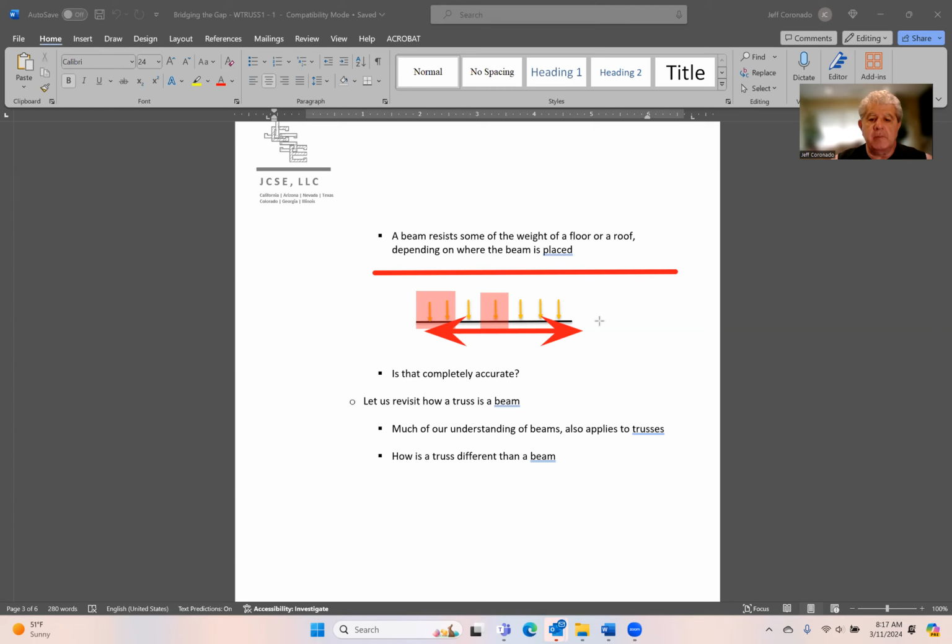That's the other characteristic of a beam.